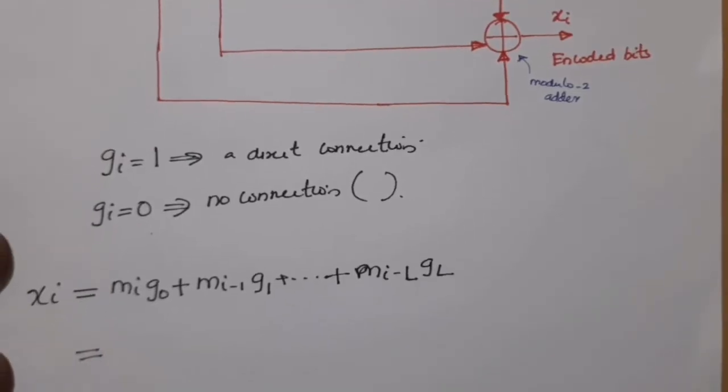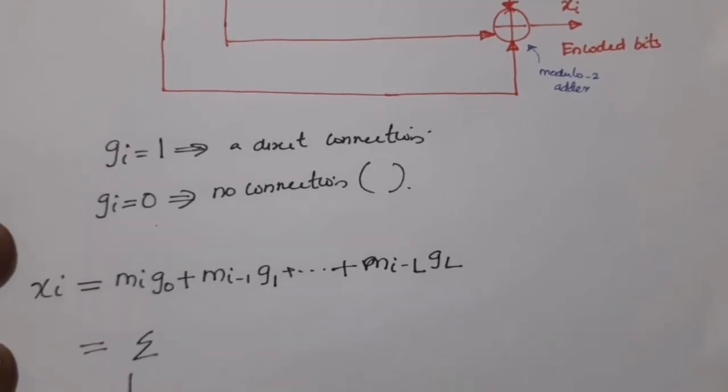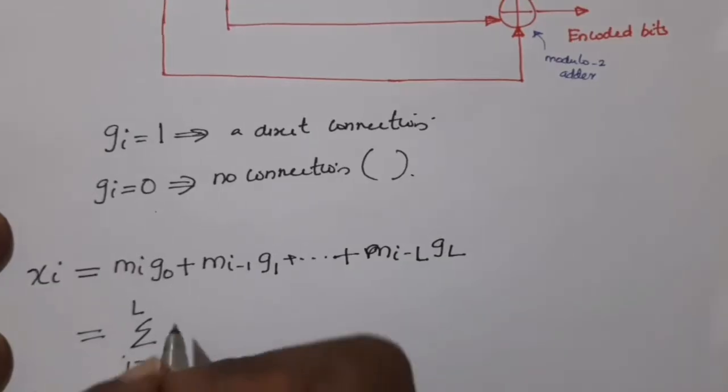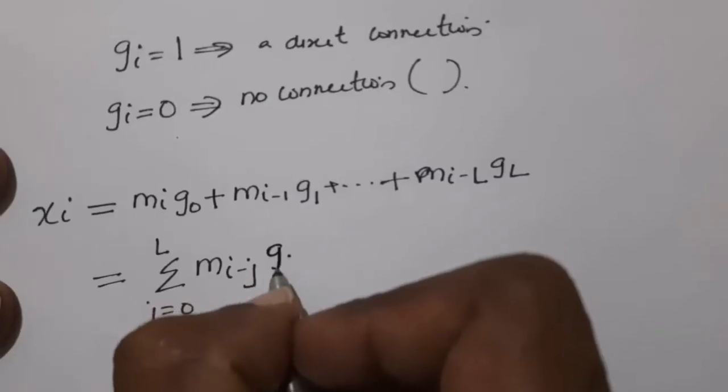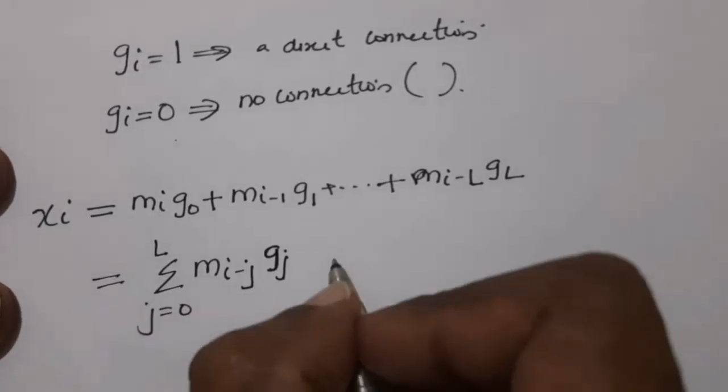So this will be equal to the sum over j equal to 0 to L of mi minus j into g of j. So this is equation number 1.